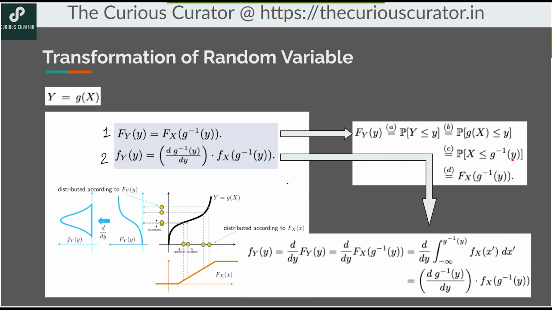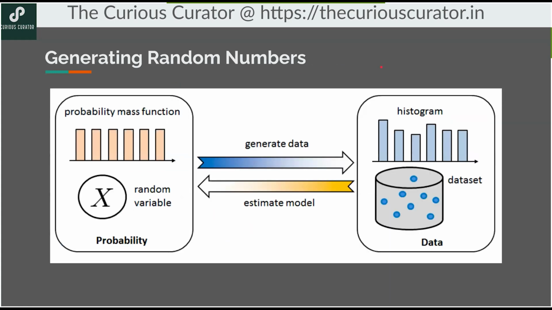Now, basically this is the definition of CDF again, so you can substitute CDF of x with the value g inverse of y. So that's step one. Step two is just find the derivative and you get your answer, because PDF is the derivative of CDF. So basically that's a two-step process. We have seen it in the recorded videos.